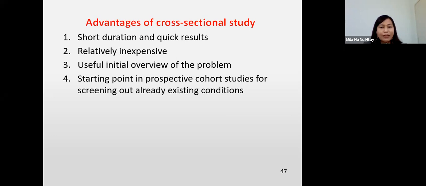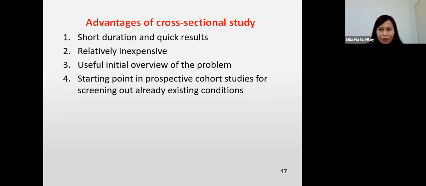Another one is that sometimes we can also use a cross-sectional study as the beginning point of a prospective cohort study. You may know that in a cohort study, we follow up from the exposure to the outcome, but that follow-up group should be free from the outcome condition initially. So what they usually do is, it is called a hybrid design sometimes.